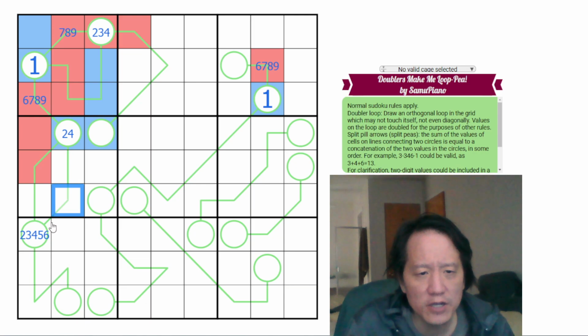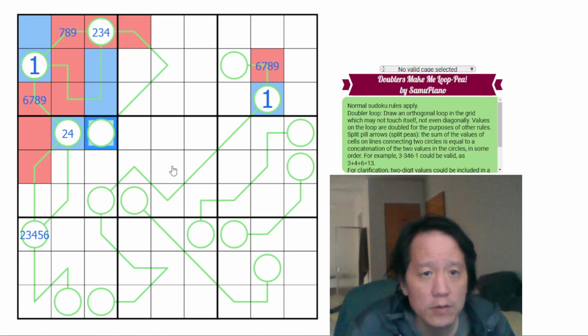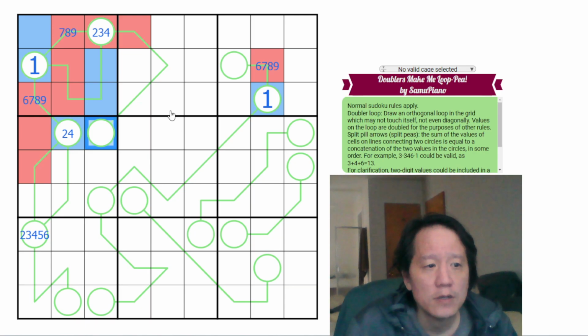Okay. Can you actually add the odd numbers is another question, right? 2 doubled. This is not doubled. So this could be 1. This is 2, 3, or 4 doubled.